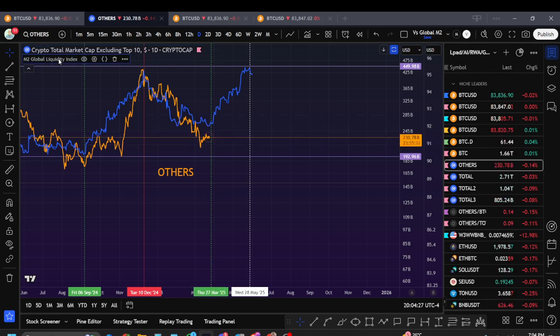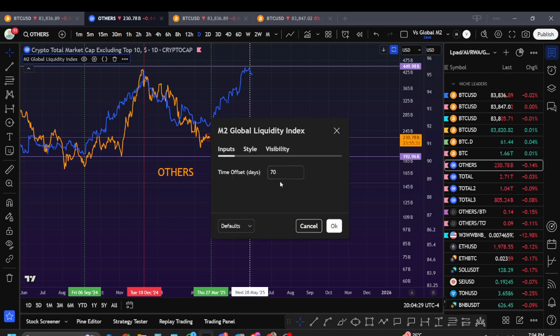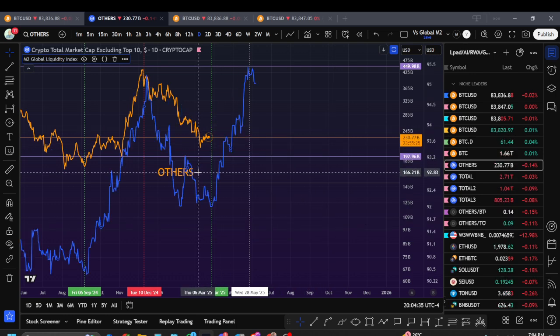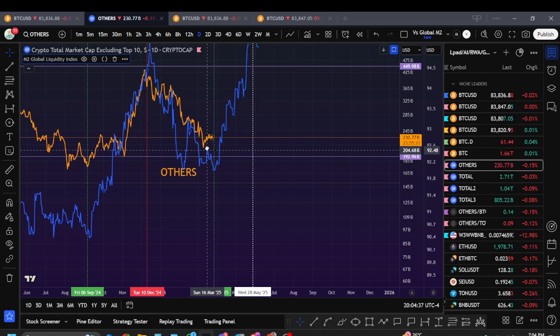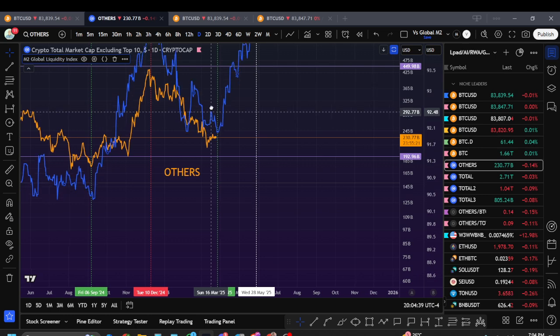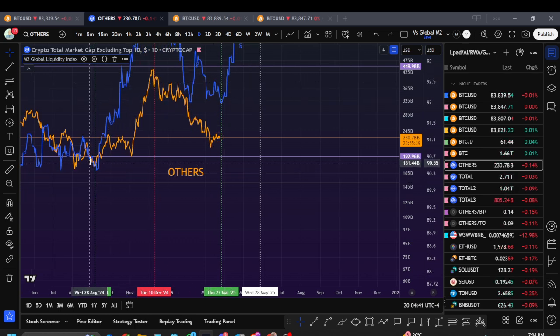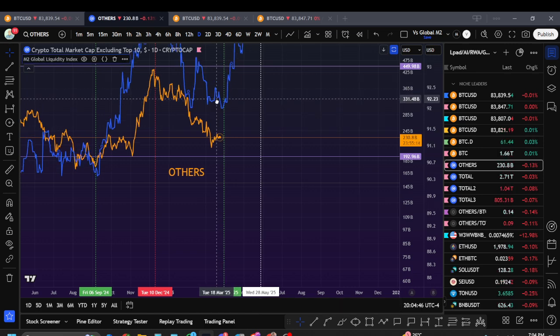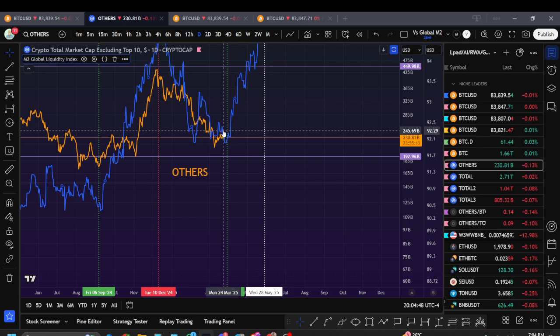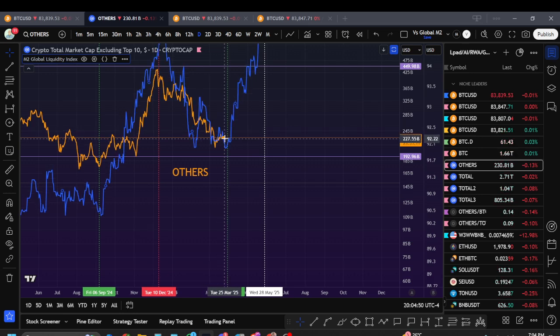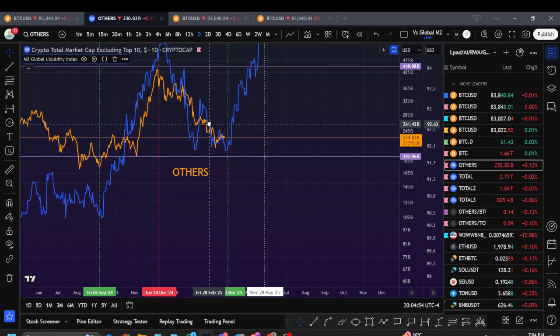So maybe the 70 day, or maybe the 75 day, the same as Bitcoin, is a bit more accurate. This bottom lines up really well. I think what we have to do is just wait and see if this comes back down. It's so close, right?